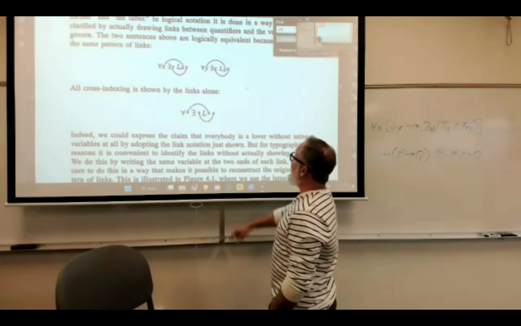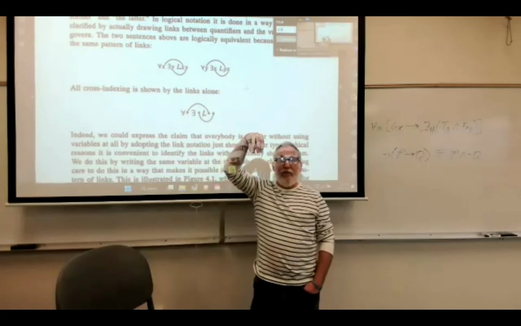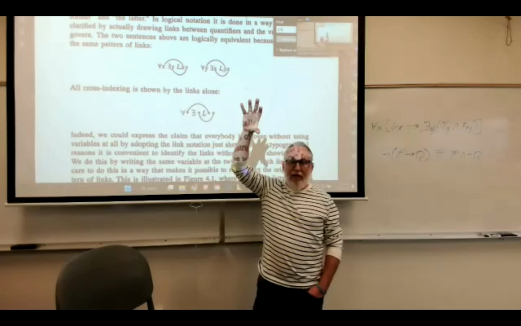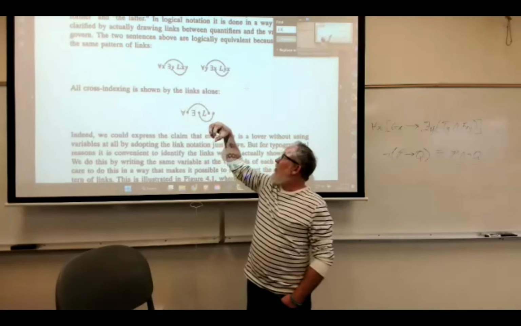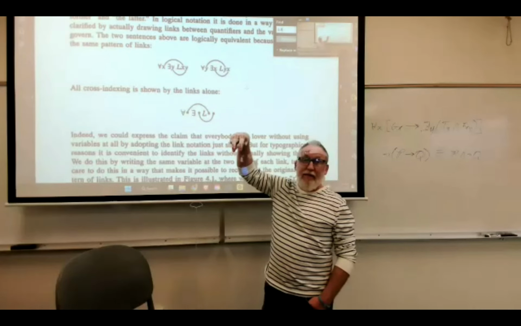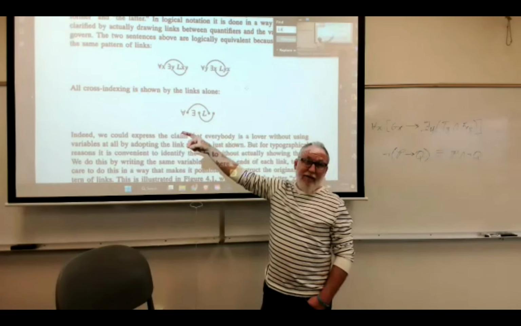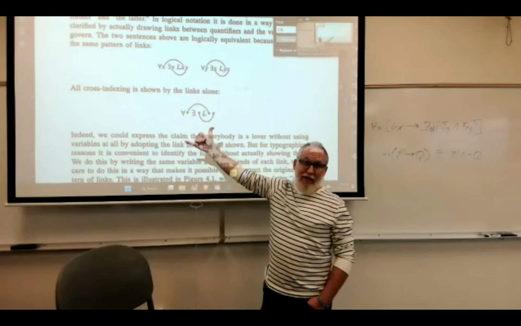With our predicates, the order of the variables which come after the predicate, the capital letters, that ordering is built into the predicate. So x loves y. But that doesn't mean that y loves x, right?